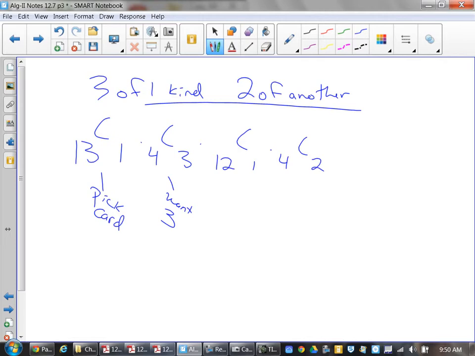Which one? Exactly 3 spades and 2 hearts? Yeah, it's pretty similar. The 3 spades and 2 hearts, it's just going the other direction.